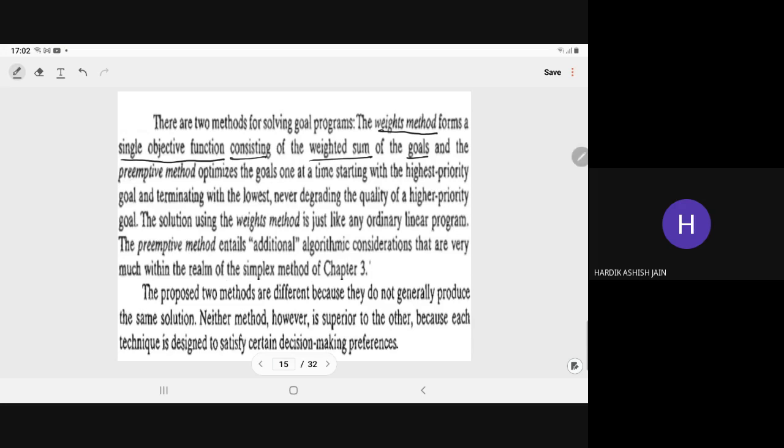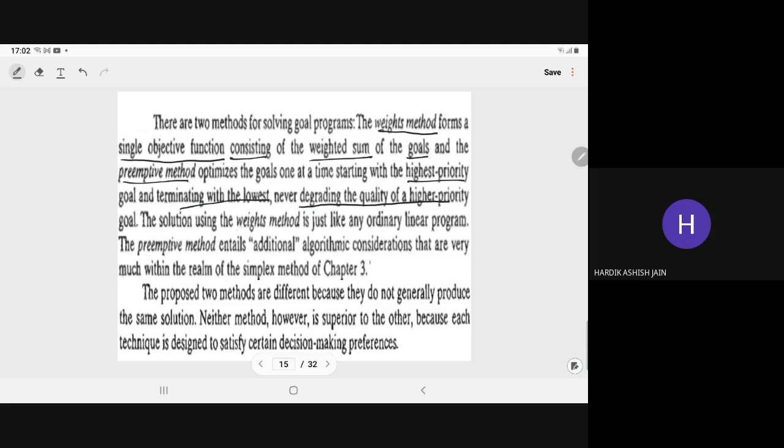In the preemptive method, we arrange all goals in priority, and we start with the highest priority goal and terminate with the lowest priority goal. And we have to keep one important thing in mind: we never degrade the quality of a higher priority goal.